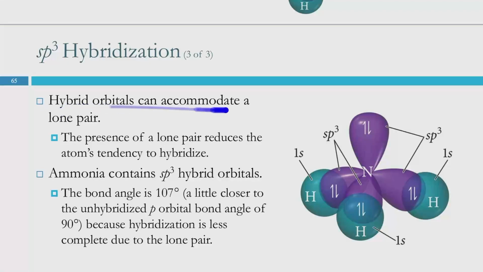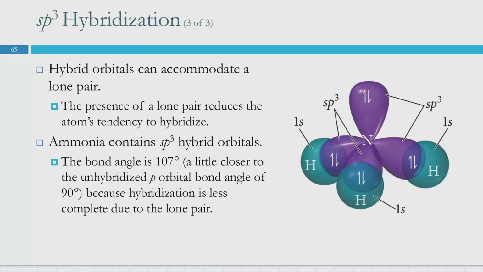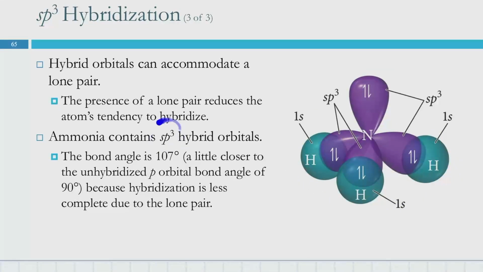Hybrid orbitals can also accommodate a lone pair, like if we have nitrogen. So in ammonia, which is NH3, we've got our nitrogen in the middle and then 3 hydrogens bonded to them. This is also going to be sp3 hybrid orbitals.